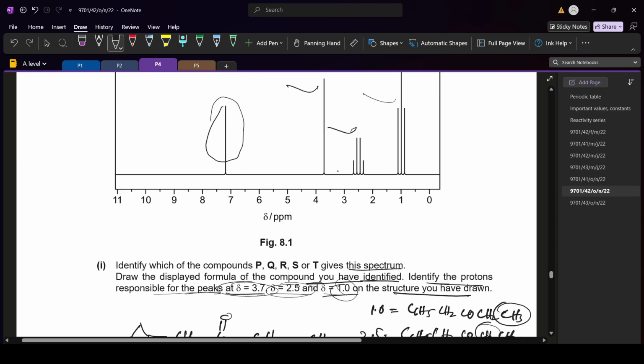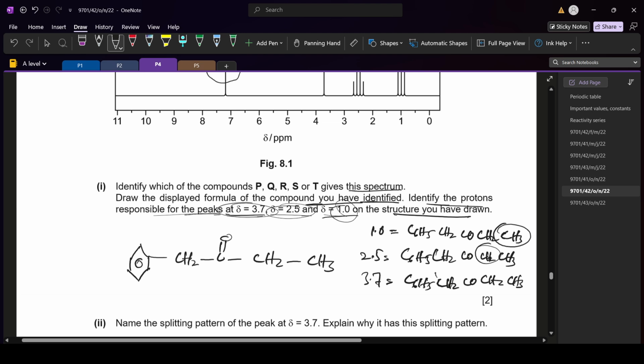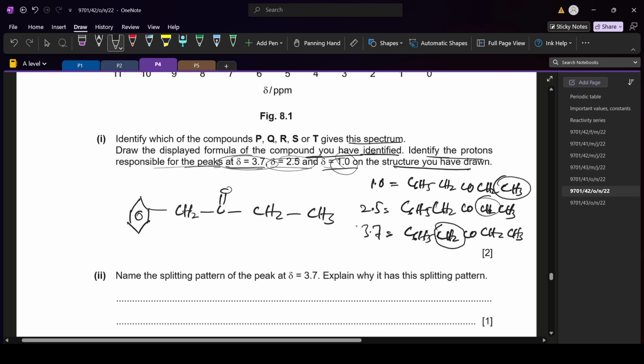Then you have a singlet at 3.7, and this singlet is due to these hydrogens. So now you have identified all the hydrogens responsible for these peaks.